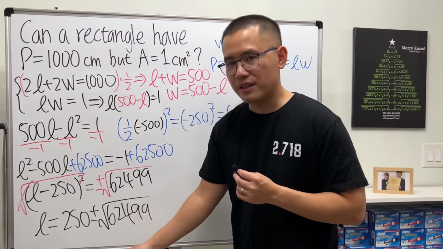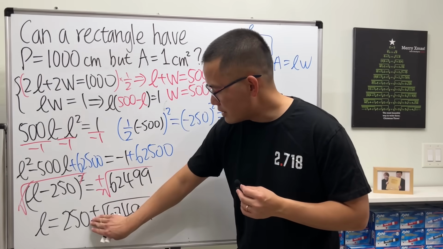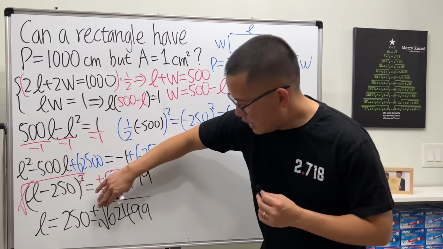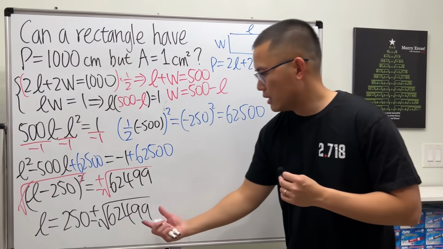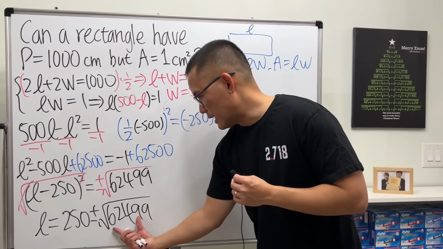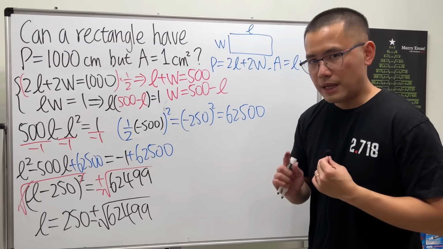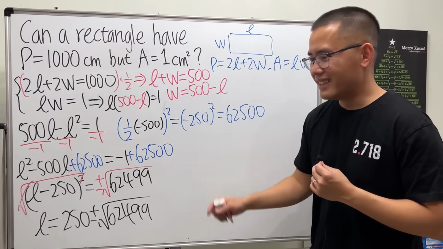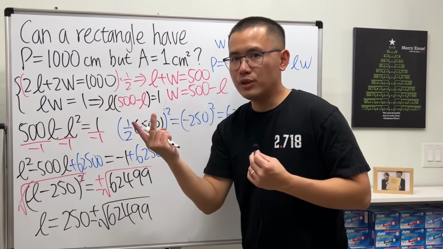The positive or the negative? Well, first notice that if we have the plus, the result is positive. If we have the minus, the result will also be positive, because this number is actually less than 250. Now, let me tell you, it doesn't matter which one you take, because L and W can interchange.